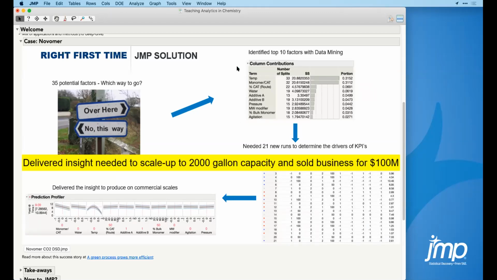And then they took these 10 factors into an experiment to learn about the process. And with only 21 runs, 21 measurements, they were able to determine which 3 factors were really important and significant for their process.